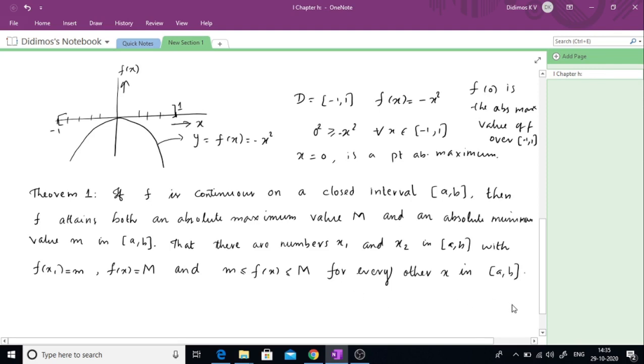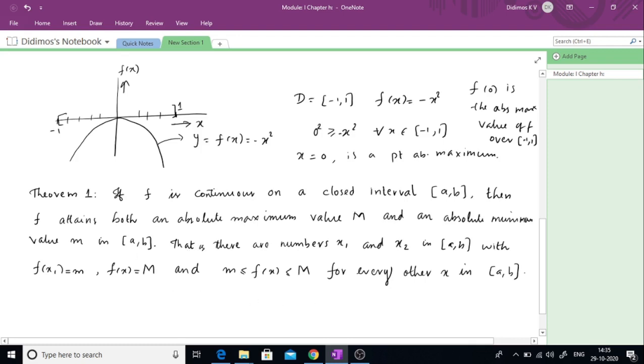The statement is, if f is continuous on a closed interval AB, then f takes on both an absolute maximum value capital M and an absolute minimum value small m in the closed interval AB.